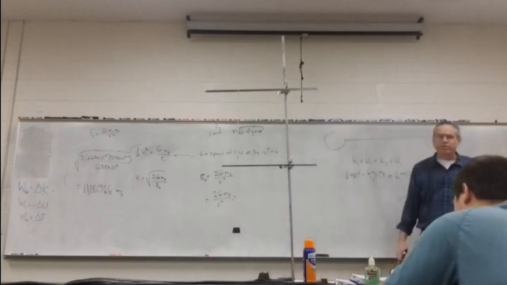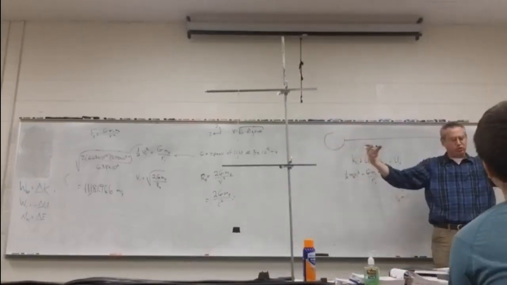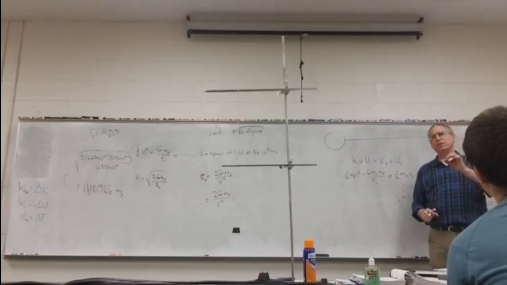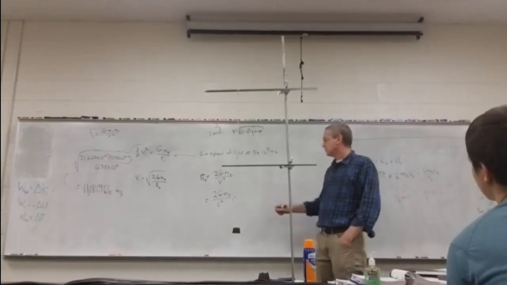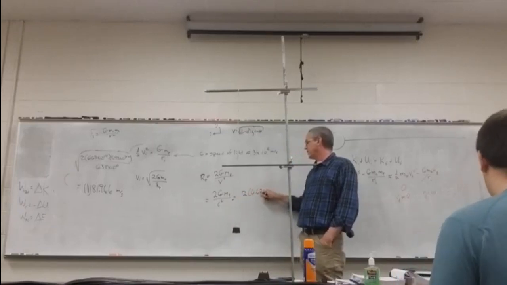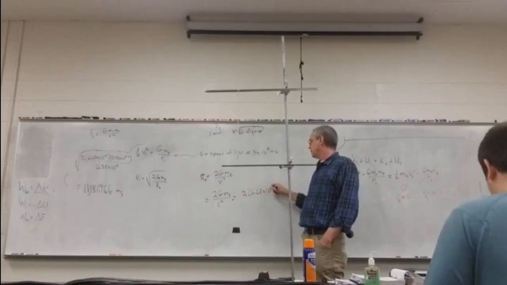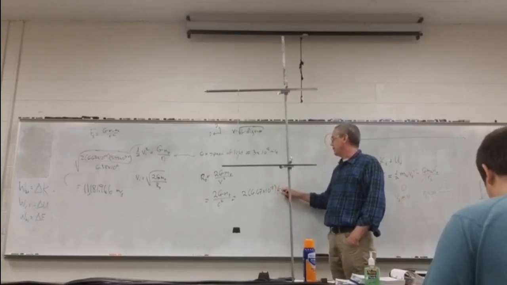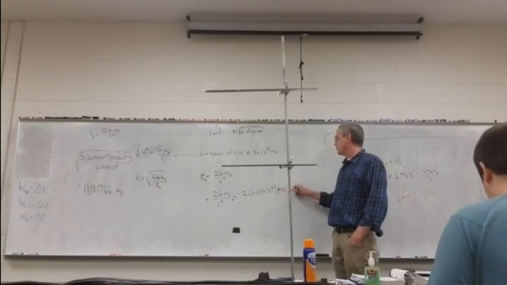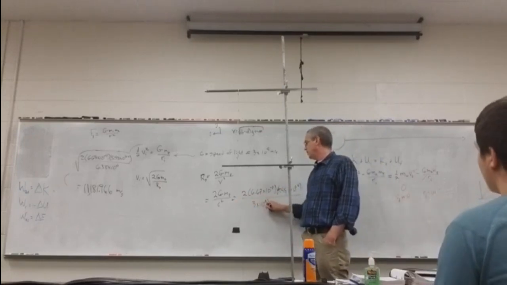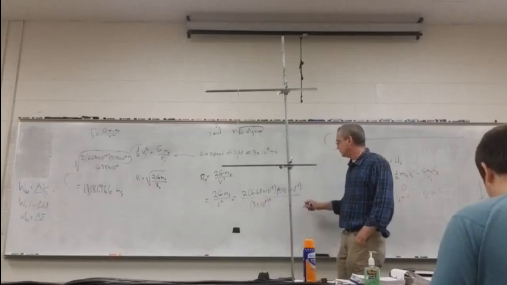In other words, if the Earth maintained its entire mass but somehow shrank down to that radius right there, nothing could escape it. And so 2 times 6.67 times 10 to the negative 11th times 5.98 times 10 to the 24th divided by 3 times 10 to the 8th squared.